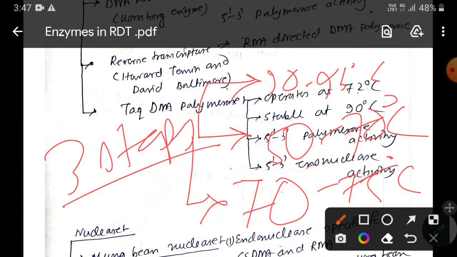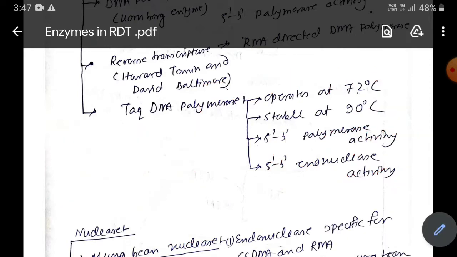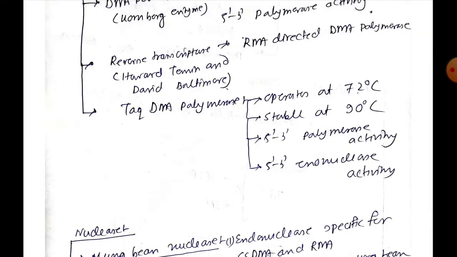So as you can see, there is too much temperature fluctuation within a fraction of a minute, right? After 1 minute of denaturation we go for primer annealing, which is 1 or 2 minutes, then again the DNA polymerization step, which is also for some minutes, right?